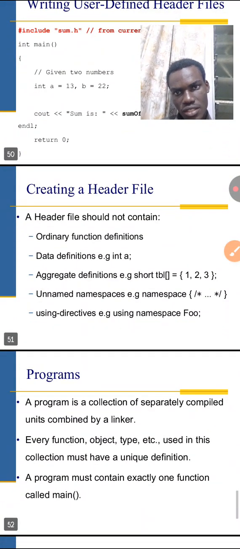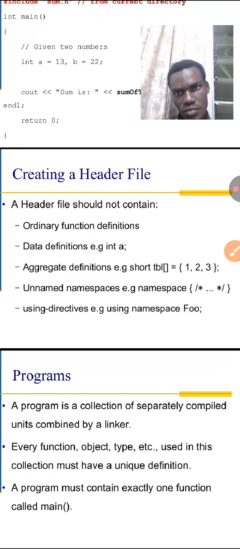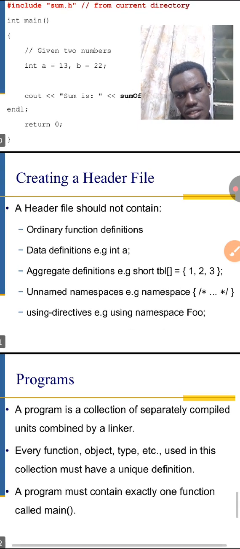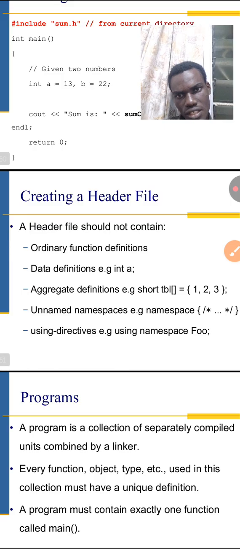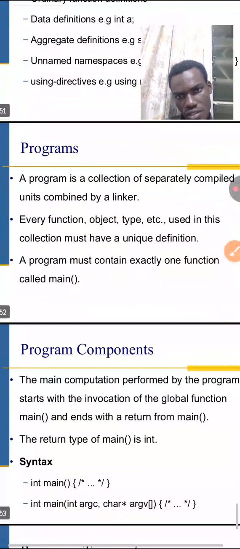Now let's look at the steps in creating a header file. A header file should contain ordinary function definitions, data definitions, and unnamed namespace using directives.